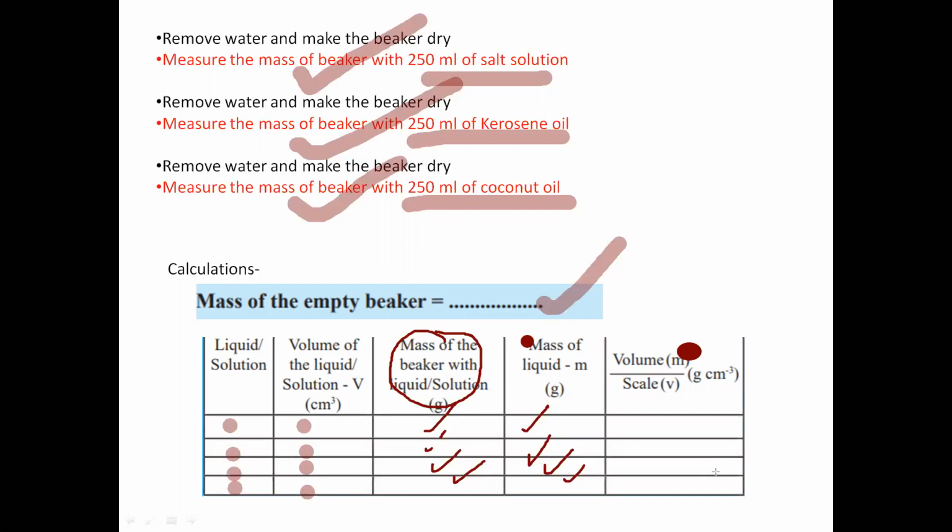The mass of the liquid you know now, and the volume also you know now. So when you divide the mass of the liquid by its volume, you can obtain a ratio for each of these. That means you can find the density for each of these solutions.